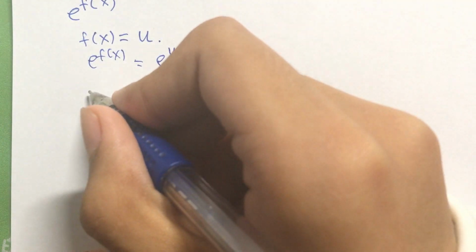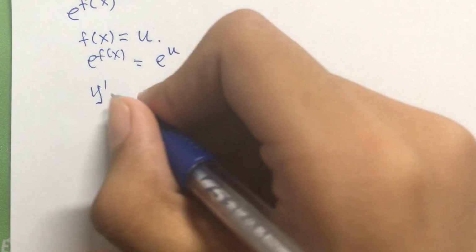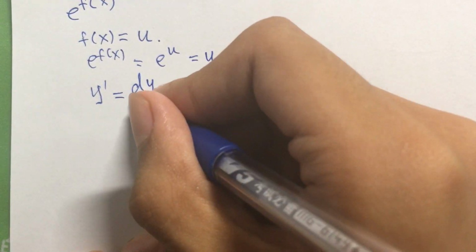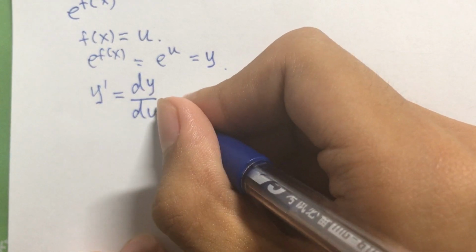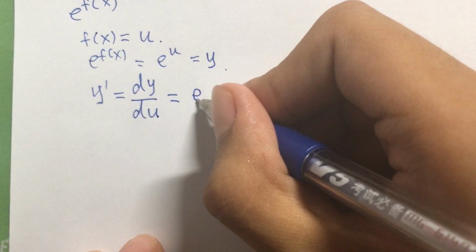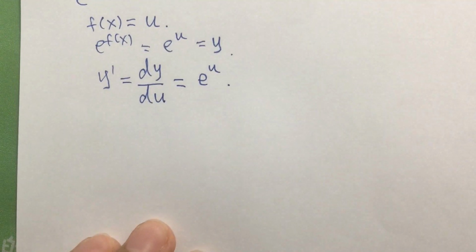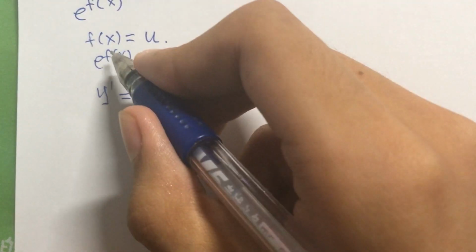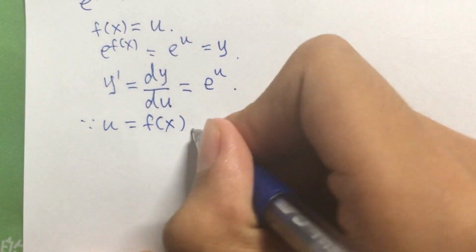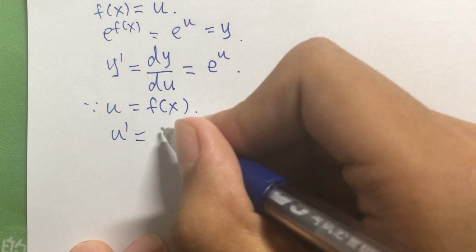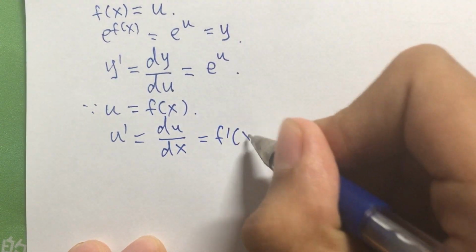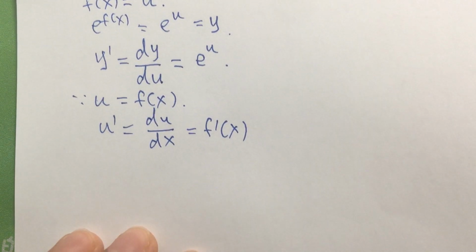Now let's differentiate. We know that dy over du is the same as e to the power of u. And because u equals f of x, our du over dx is equal to f dash x. That makes sense, right?